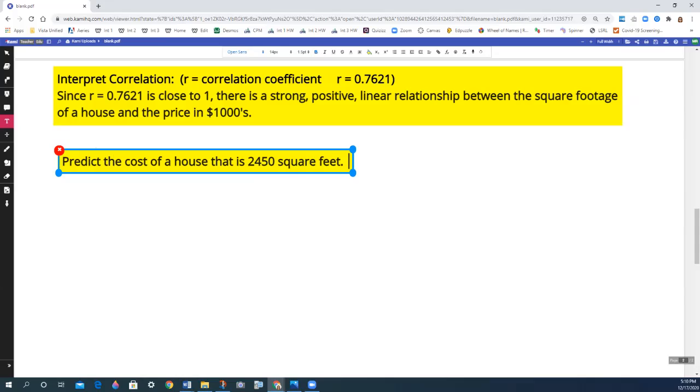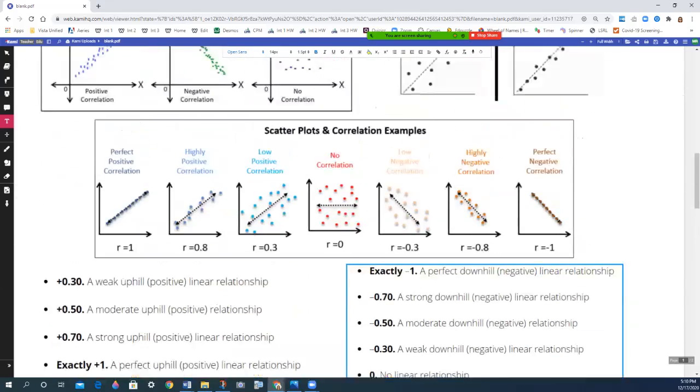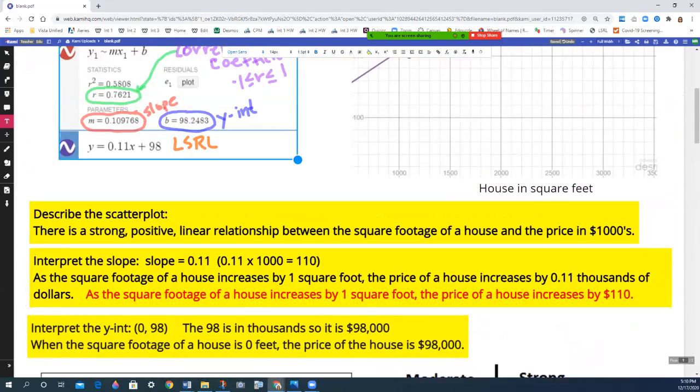And so we're going to use our LSRL. And our LSRL was y equal 0.11x plus, and I want to say it was 98.